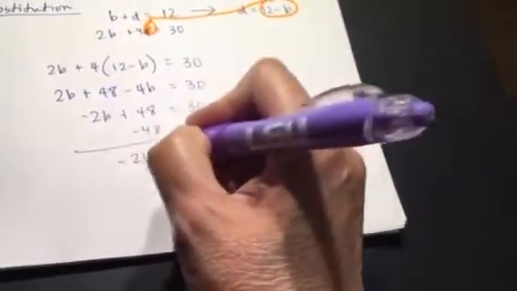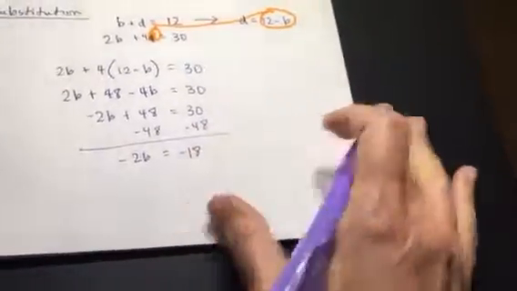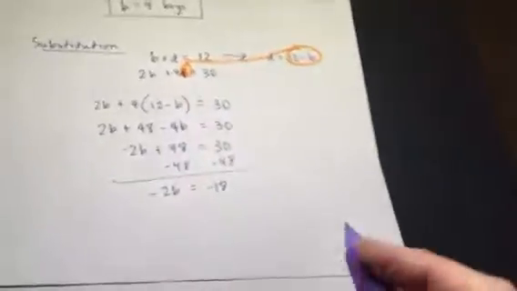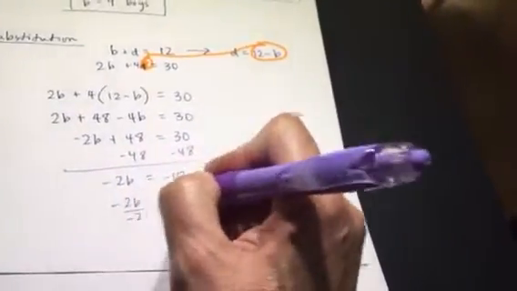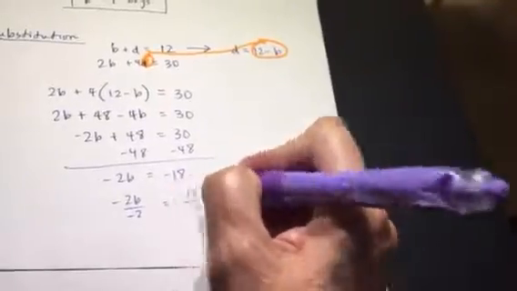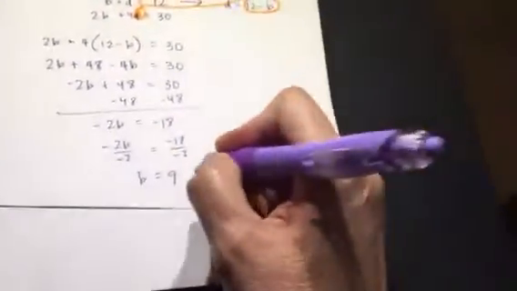Negative 2b is negative 18. So divide by negative 2. Negative 2b over negative 2 is negative 18 over negative 2. So b is 9. 9 boys.